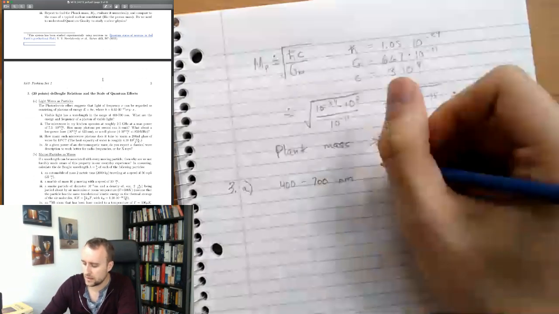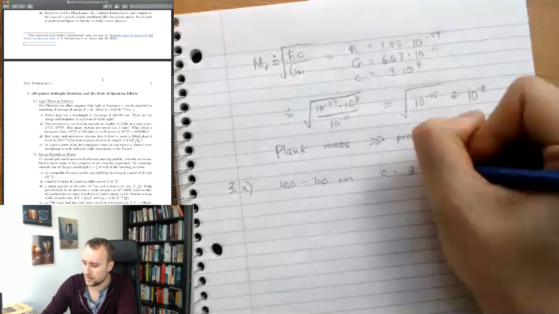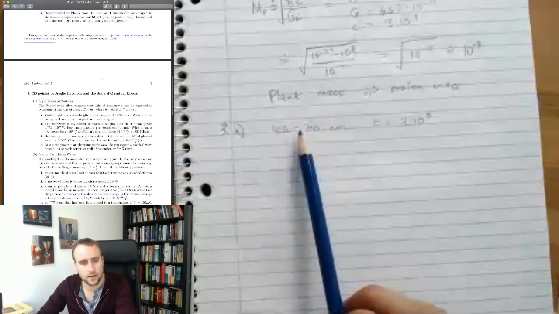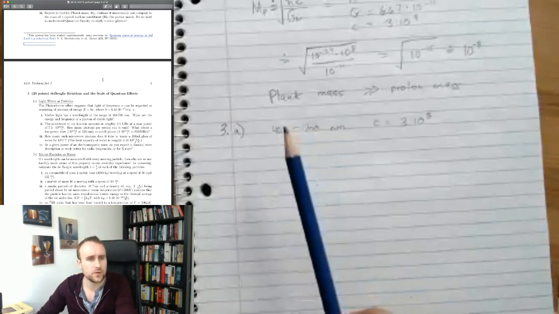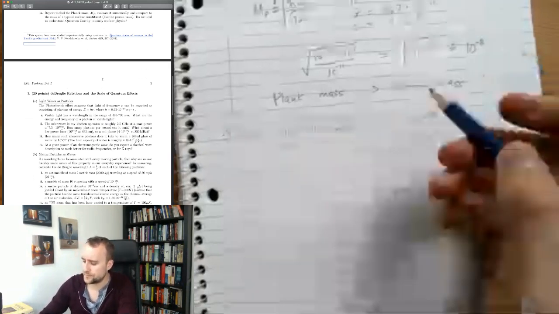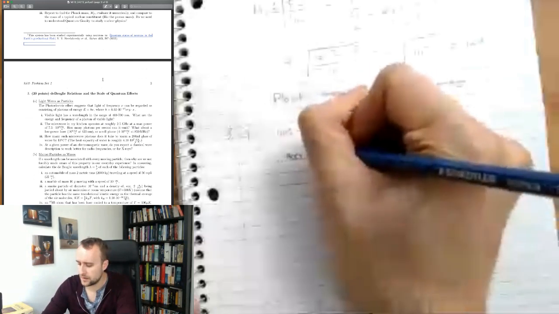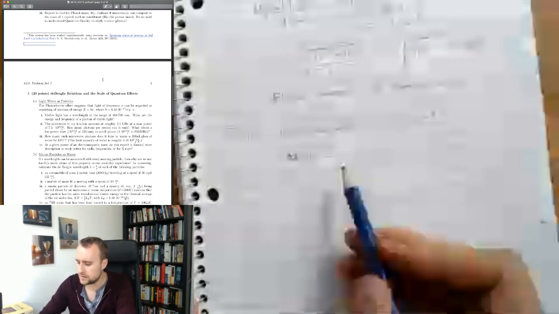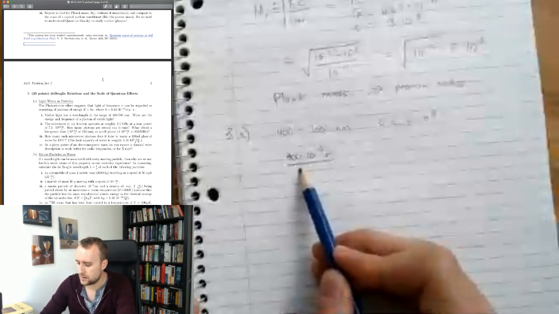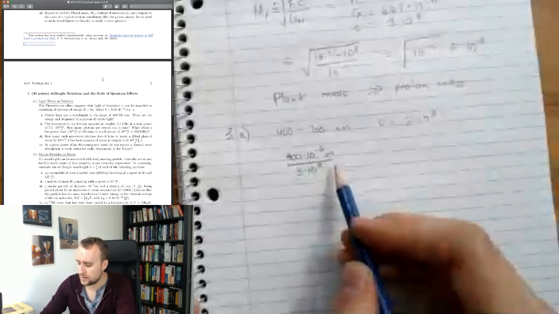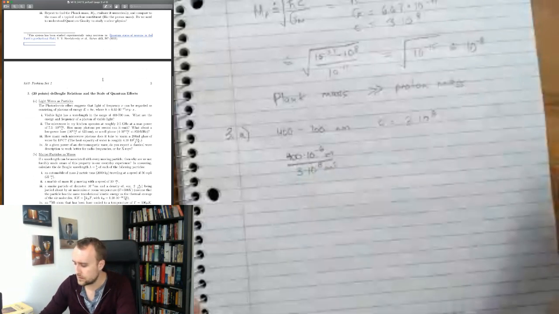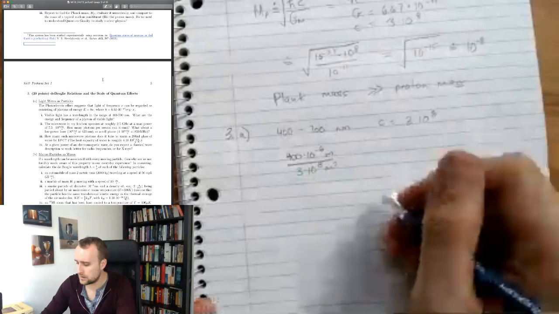We know that the speed of light is equal to 3 times 10 to the 8th meters per second. Hold on a sec. Frequency, I want 1 over the time.